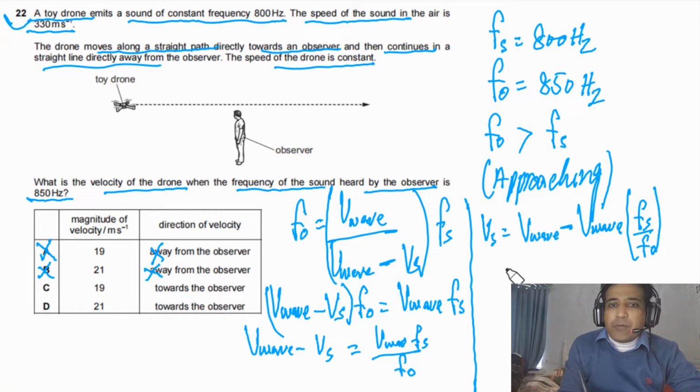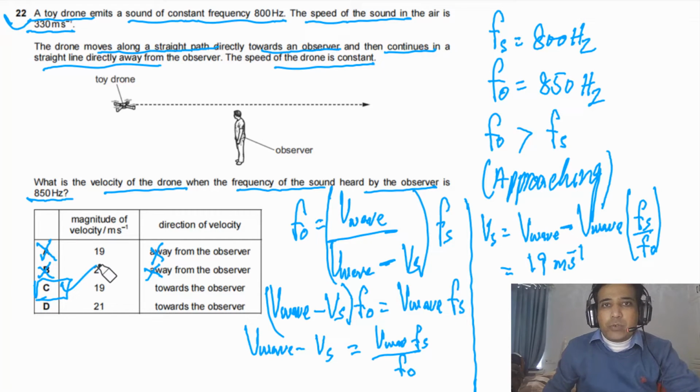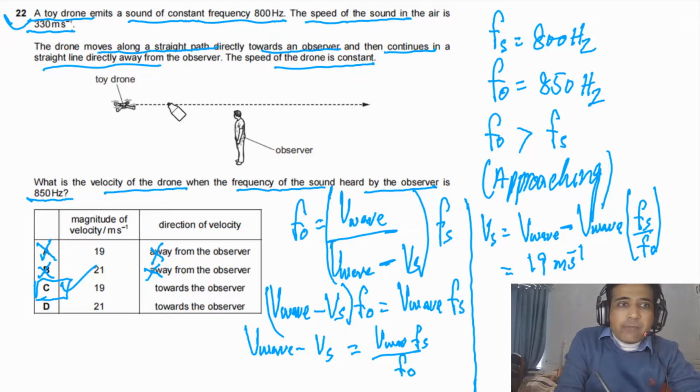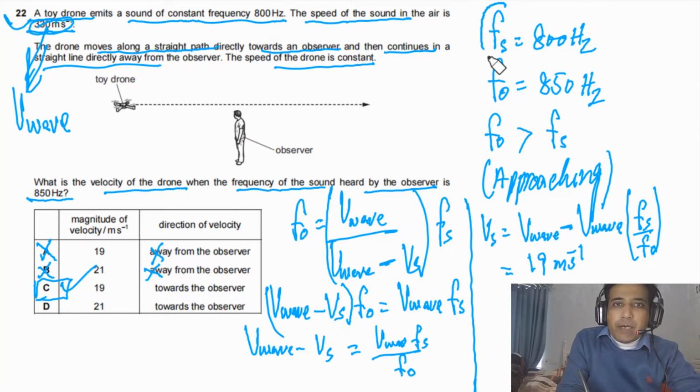Now simply plug in values, you will get Vs equal to 19 meters per second. So the answer for this question is C. So this is how you can figure out. Speed of the wave is given, so this is the speed of the wave. Let me highlight, this is the speed of the wave. So we have the speed of the wave, we have Fs, we have F naught. Simply plug in, this is the final answer.